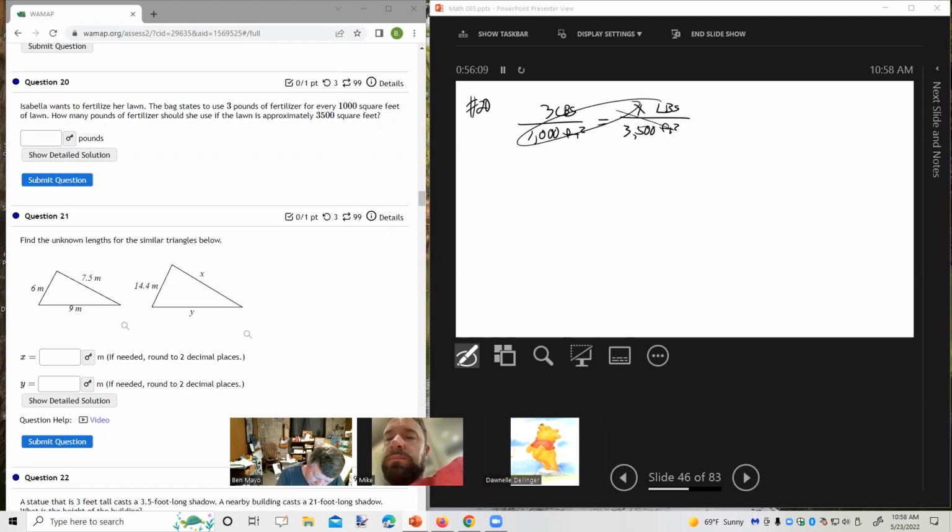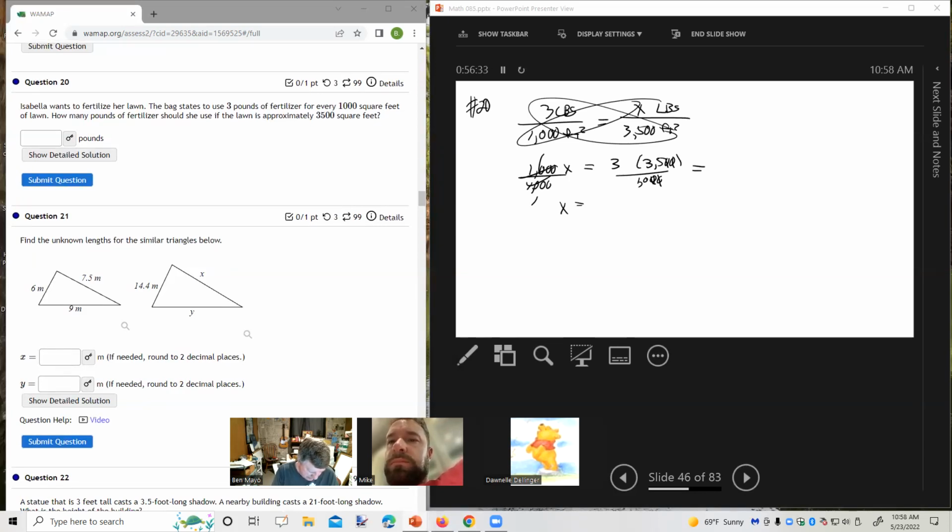So we get the cross products, 1,000 times X equals 3 times 3,500. Divide both sides by 1,000. Reduce that down. I could get rid of 2 zeros on the top and the bottom here. So I've got 35 times 3, okay?